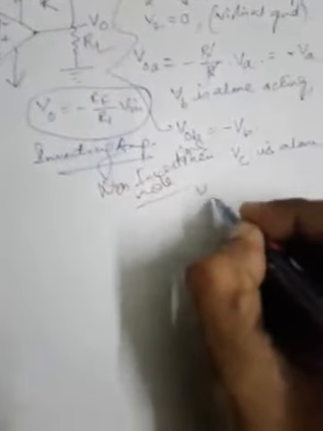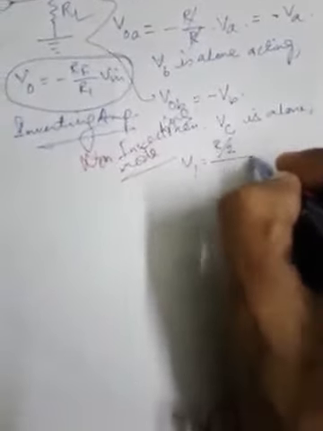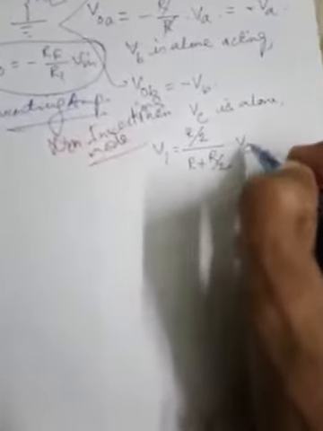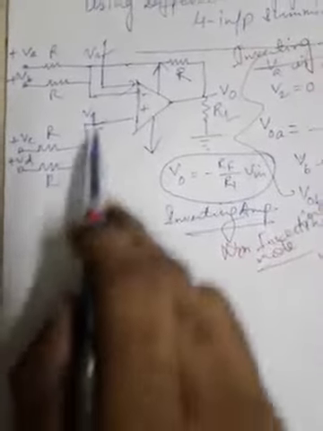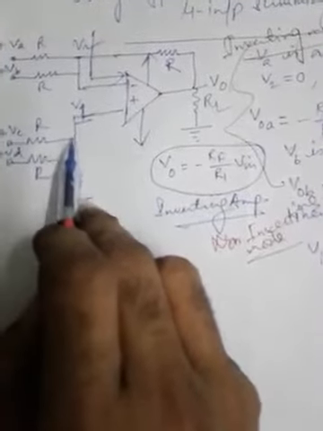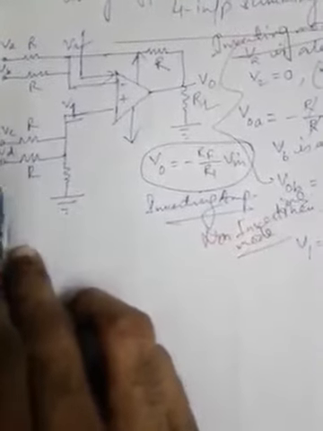So therefore V1 should be written as, as we have seen in the last case for the non-inverting amplifier, R by 2 divided by R plus R by 2 into VC, which is VC by 3, because in that case the equivalent resistance of these two resistances is R by 2 and V1 is measured across that resistance R by 2, which is found when VD is connected to ground.